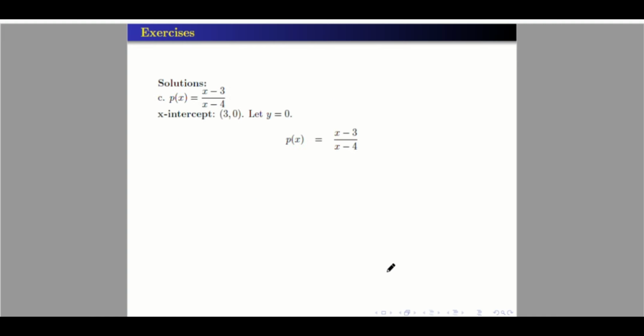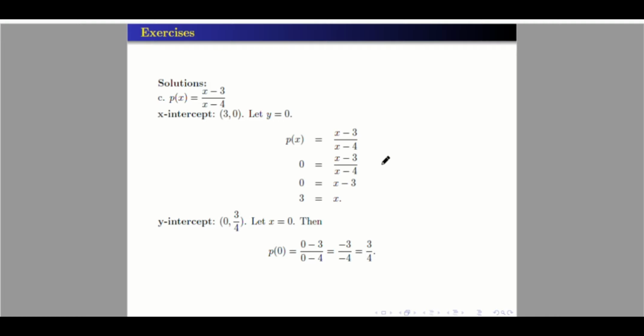So let's go to the x-intercept. So let y equal 0. So this will become 0. So here, x minus 3 equals 0. Okay, so if we cross multiply again, or if you want the shortcut, numerator equals 0. So transpose 3, we have x is equal to 3. So our x value is 3, our y value is 0 because we have let y equals 0.